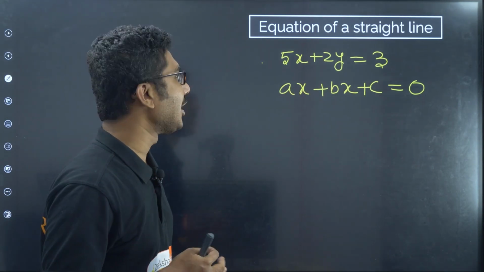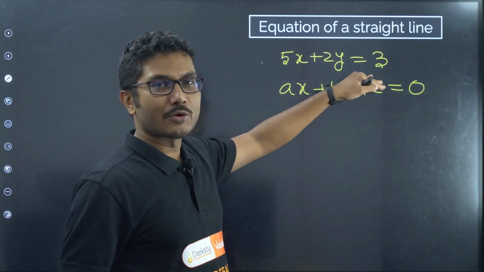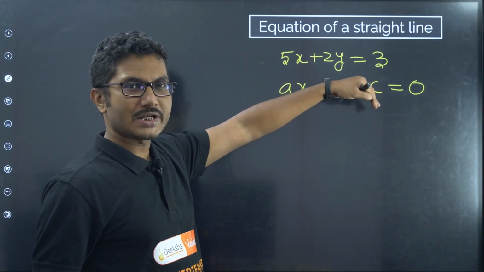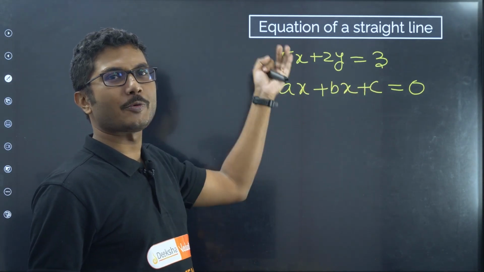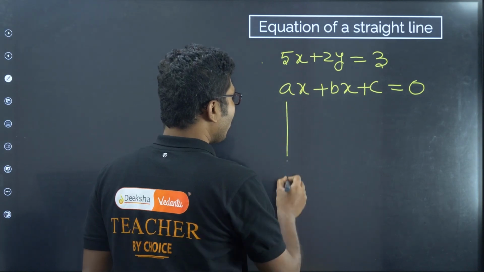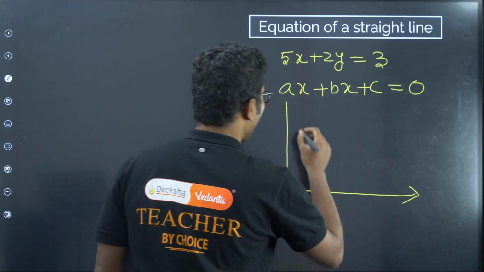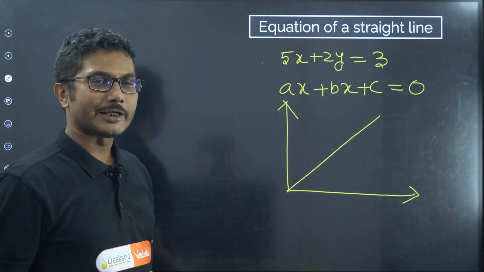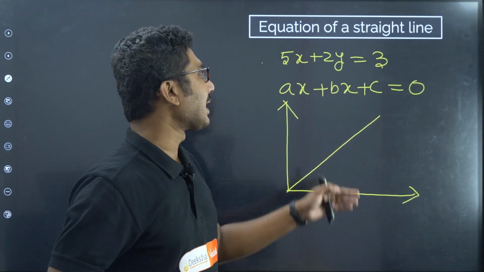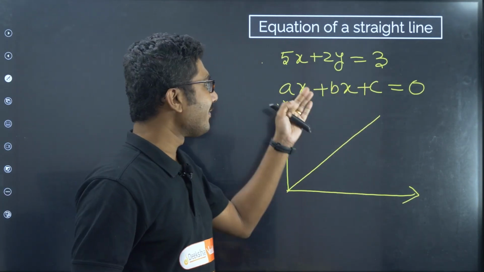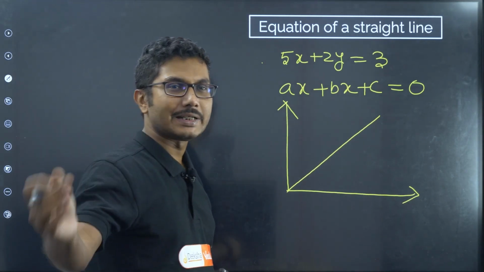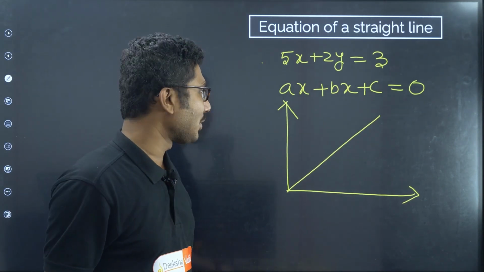Basically what we are trying to do is write an equation, then convert it into a graph. So whenever an equation is given in mathematics, that corresponding equation can be drawn on graph paper in the form of different kinds of lines. It can be a straight line, it can be a curved line, based on whatever equation is given. So whenever an equation is given, you should know that it may be representing something in the xy plane.